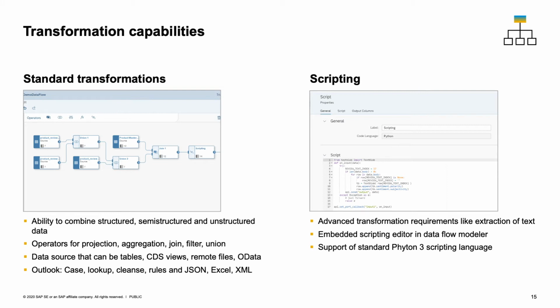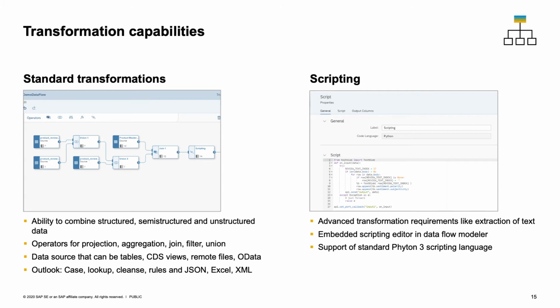In addition to the transformation capabilities that you may already know from the view builder, like all the standard transformations, for instance projection or join nodes, union and filter nodes, you have not only standard transformations but also scripting capabilities in Data Warehouse Cloud. Currently, what you can use is the Python programming language with the NumPy and Pandas modules for working with the data that you read from your connected sources.